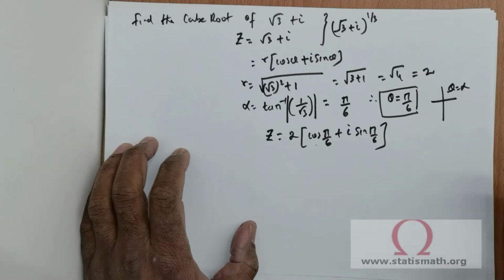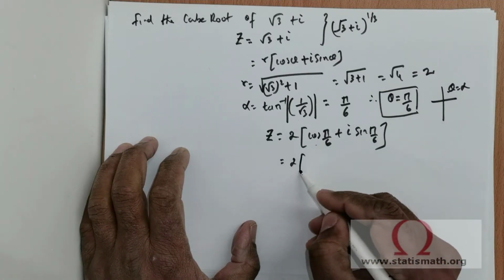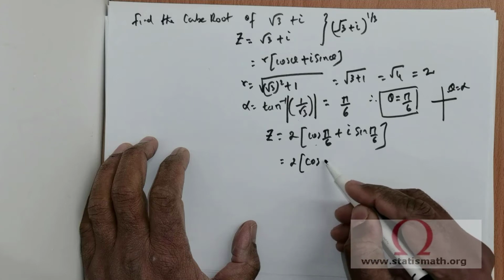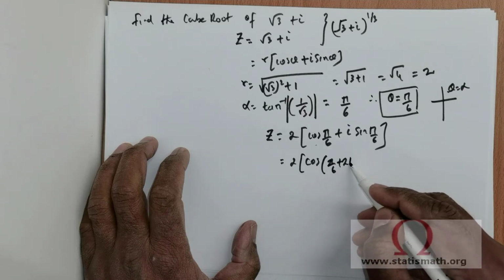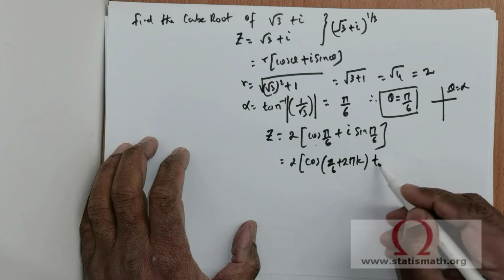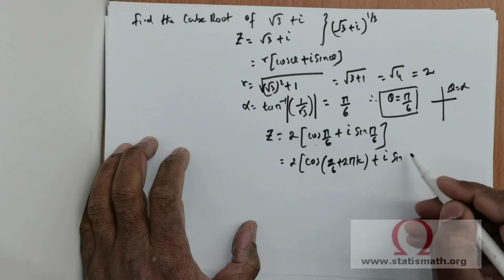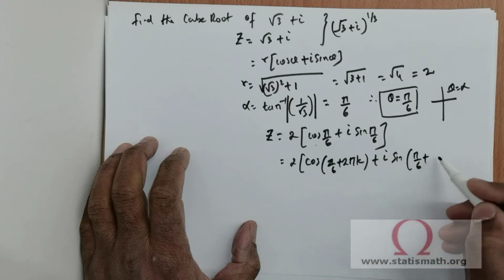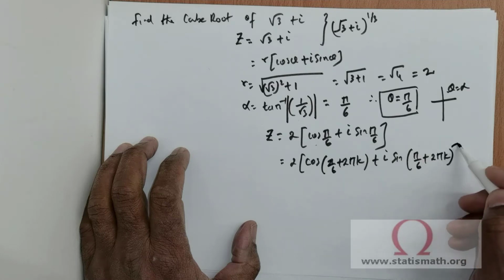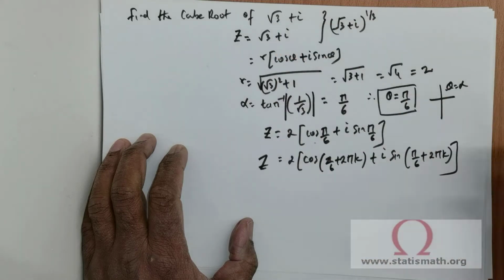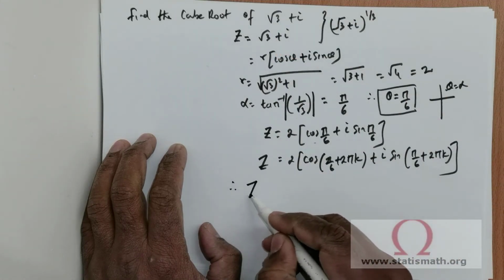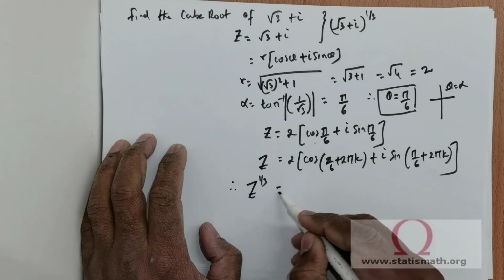Now if you want to extend this result for all coterminal angles, you have to write this as cos of (π/6 + 2πk) + i times sine of (π/6 + 2πk). So this extends for all coterminal angles for a complex number of this form, √3 + i. Now the question is, we are expected to find the third root of this complex number.